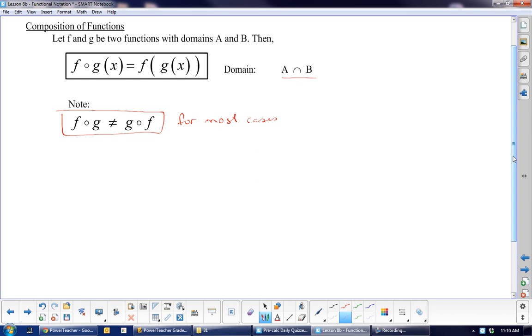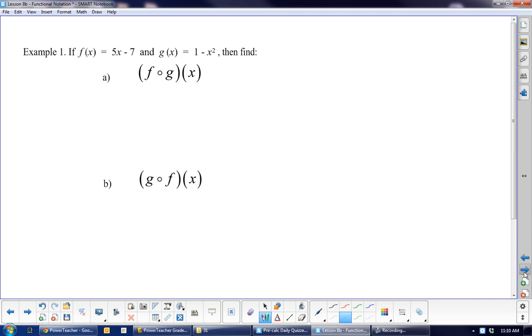Okay, so let's just do one of these. F of g of x. We don't need to do them both. Let's do the first one. This says take g of x and put it into x.